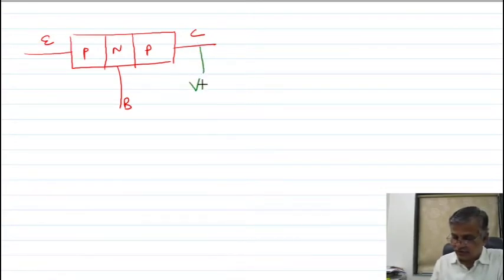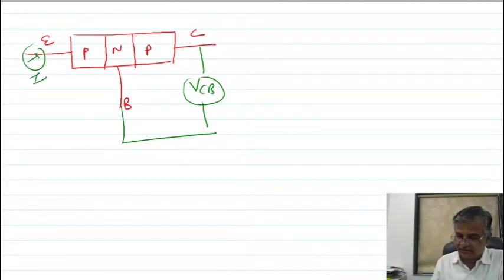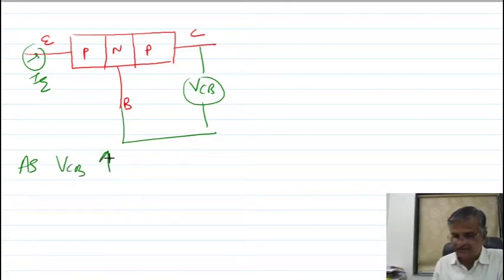Here, this is your VCB voltage, and this is your emitter current. Now, as VCB increases, this is your reverse bias voltage.